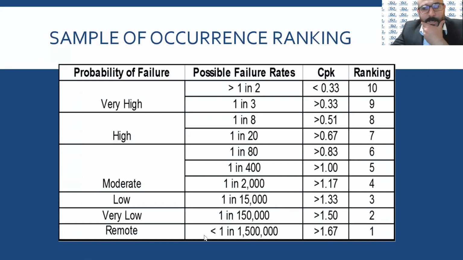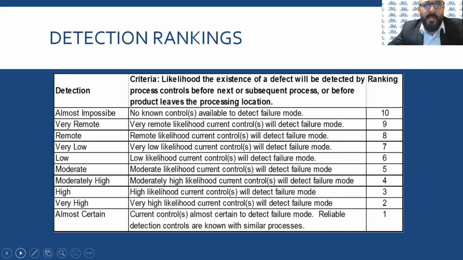For example, if it happens once every 15,000 times, when you have a process capability of 1.33, which is very capable, that would give you a ranking of 3. So again, this is another guideline on which to select 1 to 10 ranking based on the frequency, how often this failure happened.